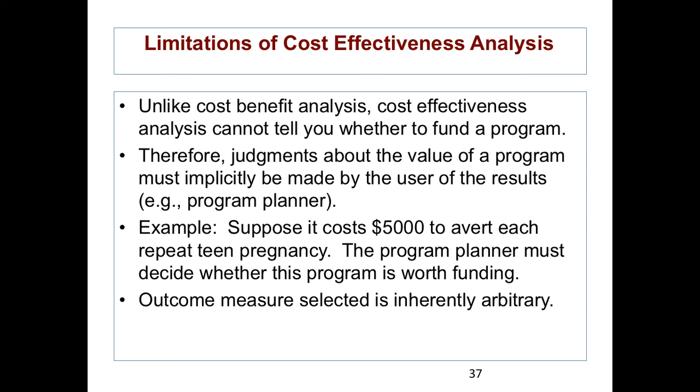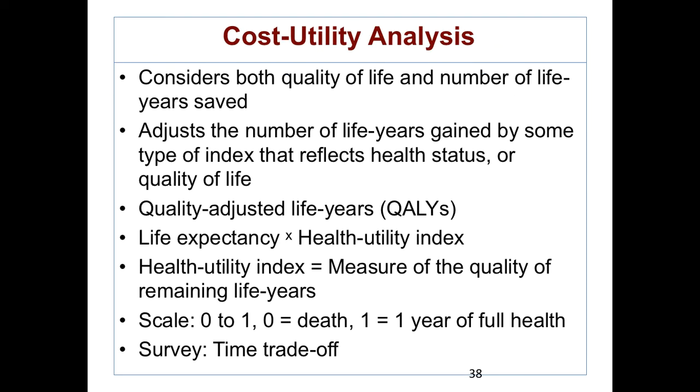It is definitely difficult to compare different projects with different outcomes. If you have a limited budget and have to choose between projects with different outcomes, there is no way to make a selection. That's the limitation.